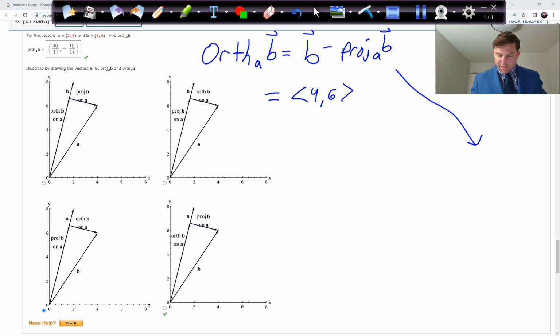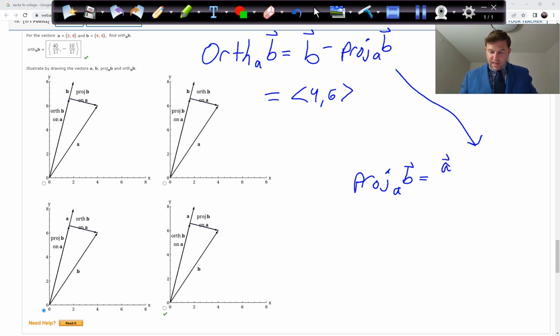So let's look at that one down here. We just saw this. The projection of B onto A was equal to, we found it using the scalar projection. I'm going to do this all in one equation.